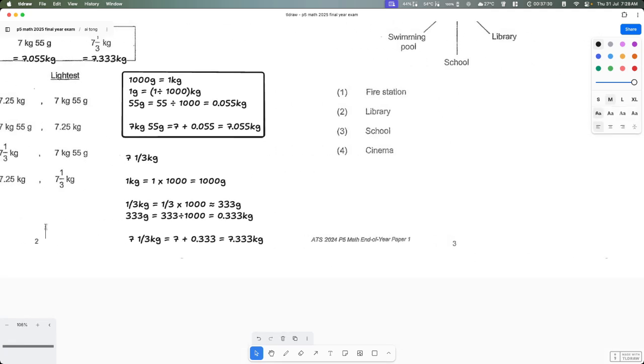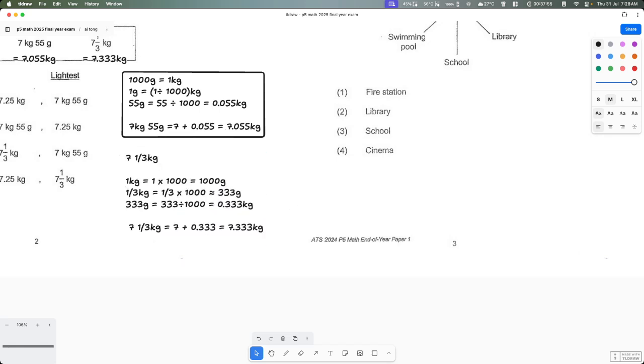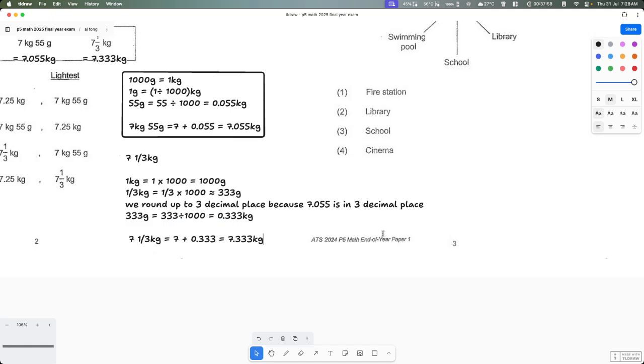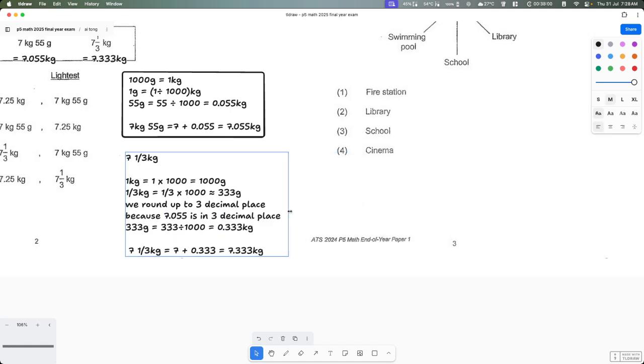We round up to 3 decimal place because 7.055 is in 3 decimal place. So that's the reason why. This 33 grams over here we round up is because 7.055 is in 3 decimal place in this case. That's why we put it like this.